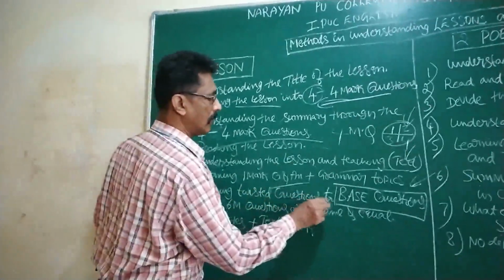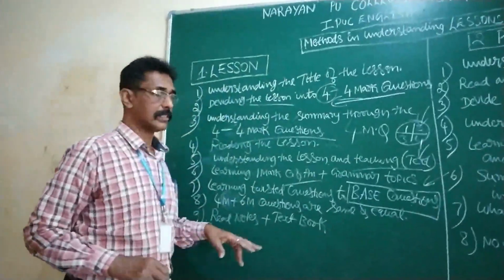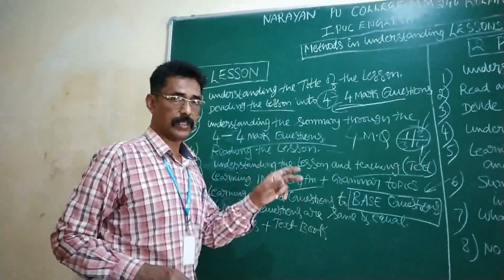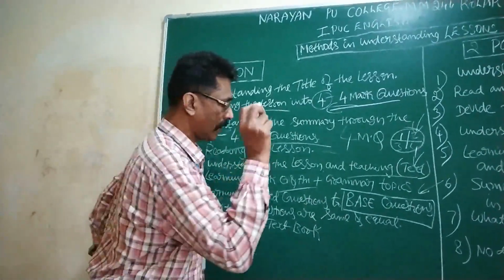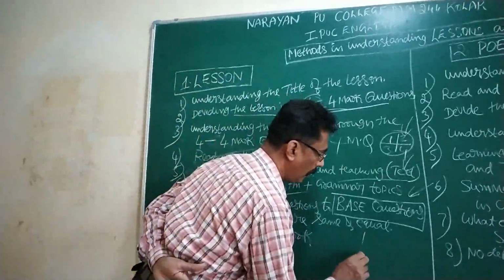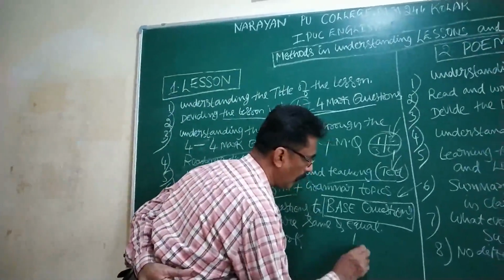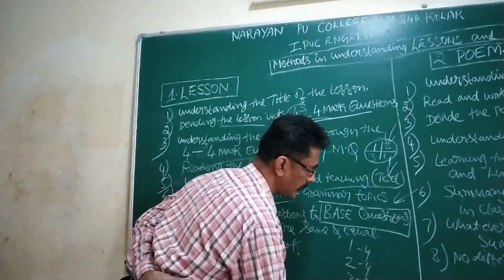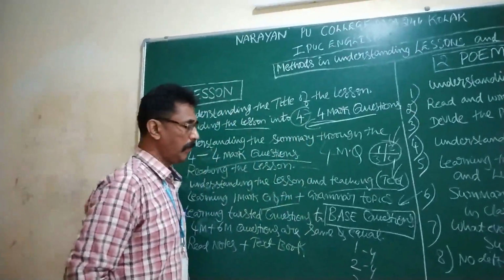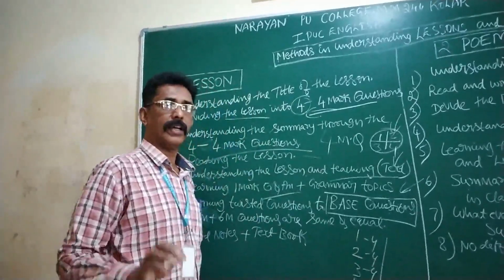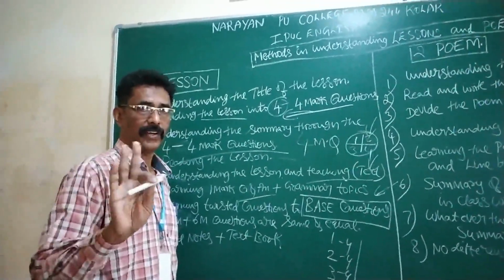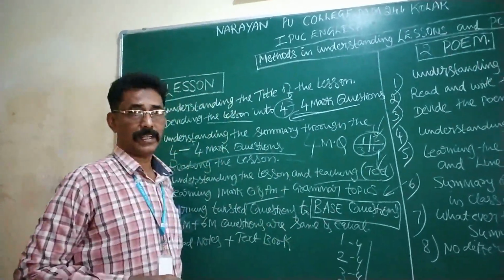Learning twisted questions along with base questions. This is the best technique. This is very important. How? For example, we will give you 4 4-mark questions. Is this over? No. This is called Brahmastra.